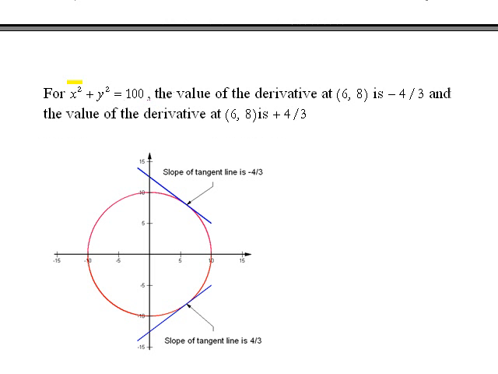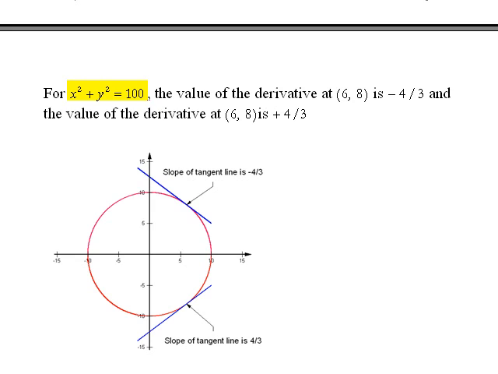And you can see now when you look at the graph of a circle why this is reasonable. Okay, so we had the expression x squared plus y squared equals 100, which is the equation for a circle. So we found that the derivative dy by dx equaled minus x over y. When you want to know the derivative, you need to specify both the x and y.